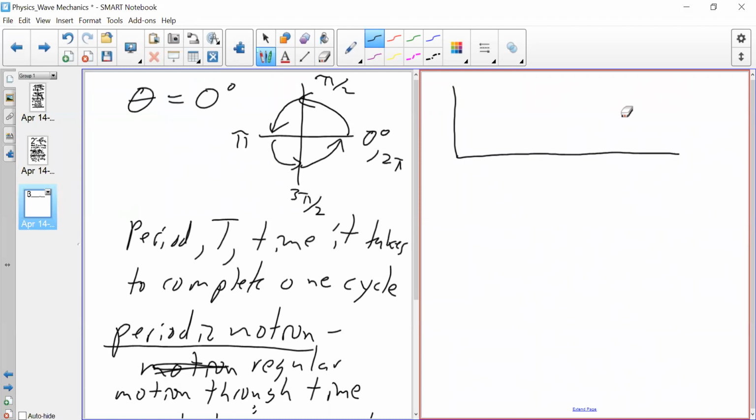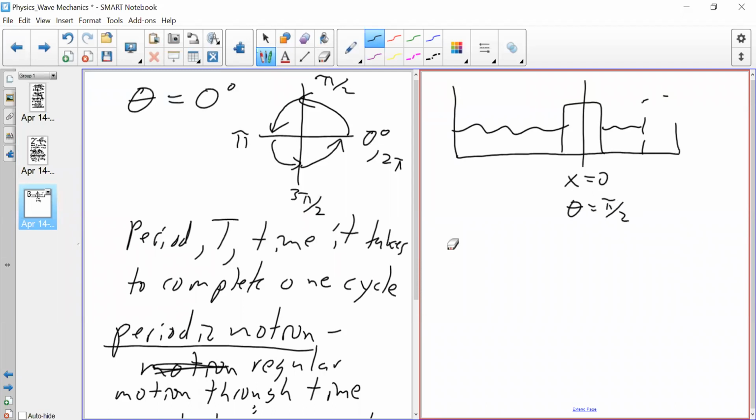So after it leaves A, it will be back here at x equals 0, because it was coming from A. This is A here, or 0 degrees, but now it's at x equals 0. That's the position, but in terms of radians, that would be pi over 2.